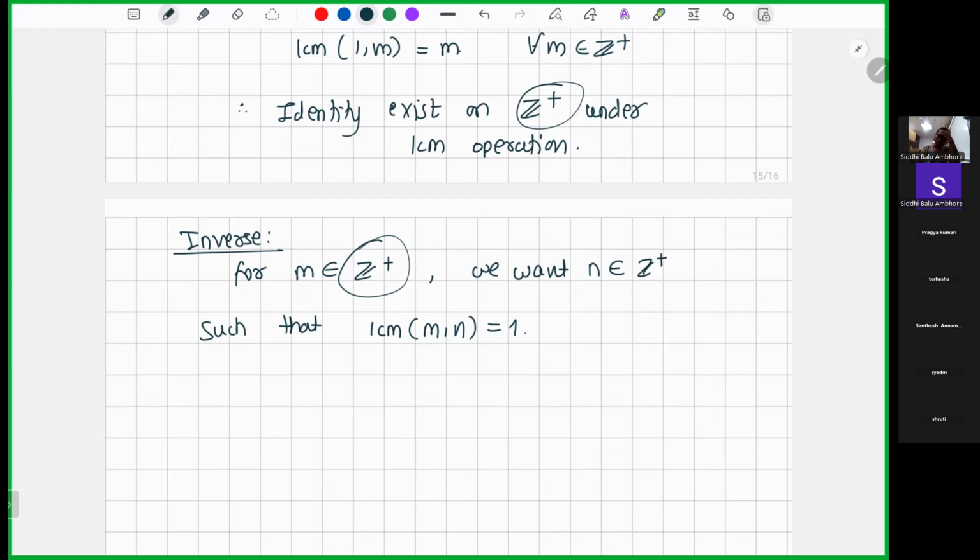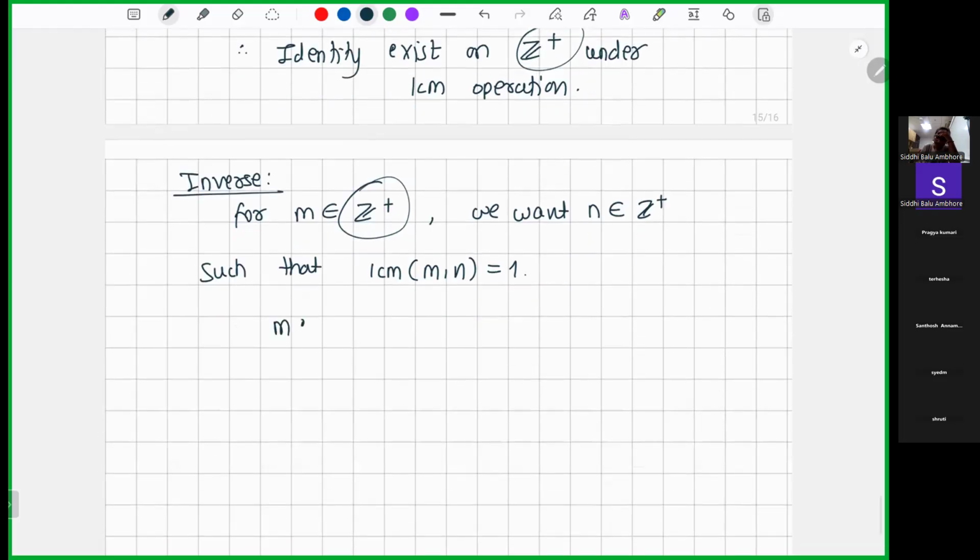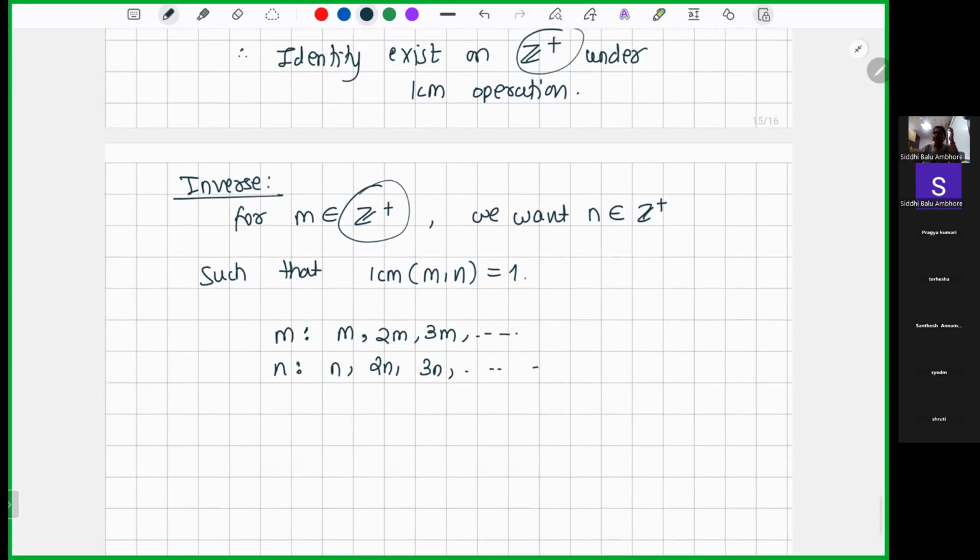So note that when we talk about LCM, we talk about multiples, right? Positive multiples. So it starts with m, 2m, 3m, and so on. For n it is n, 2n, 3n, and so on. And we see which is the common among them and least.